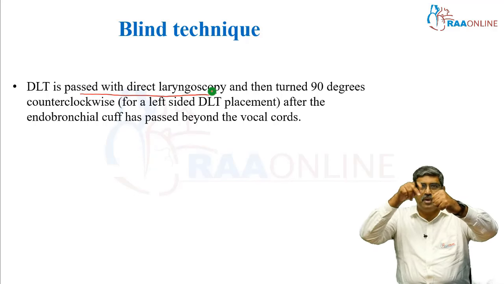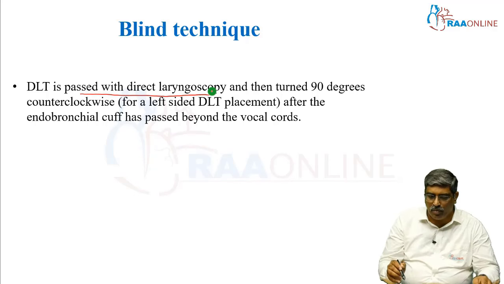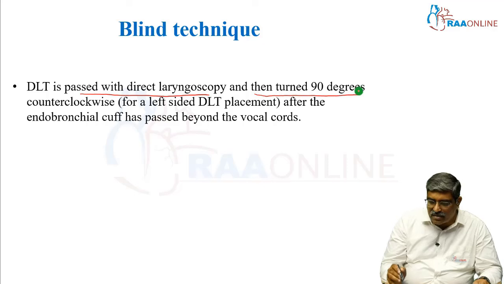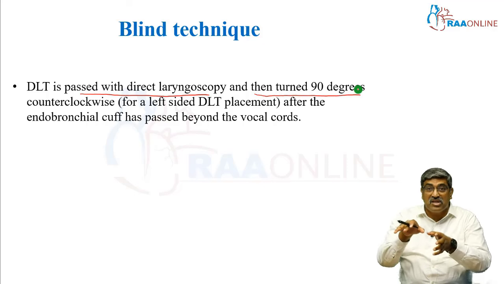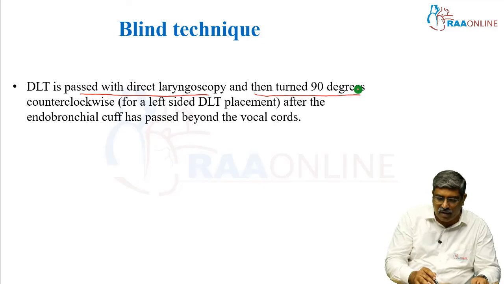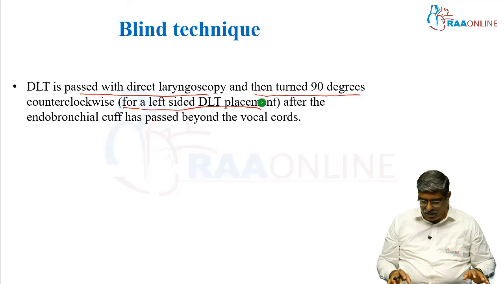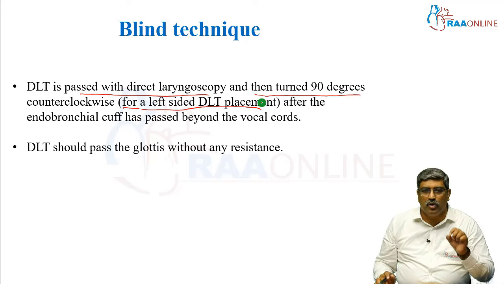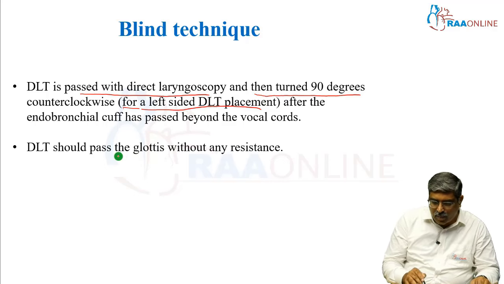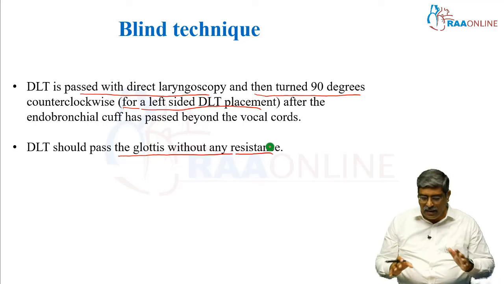You pass the laryngoscope and pass the double lumen tube, and the most important thing is it is turned 90 degrees counterclockwise for a left-sided double lumen tube after the endobronchial part passes beyond the vocal cord. The most important thing is it should pass the glottis without any resistance.